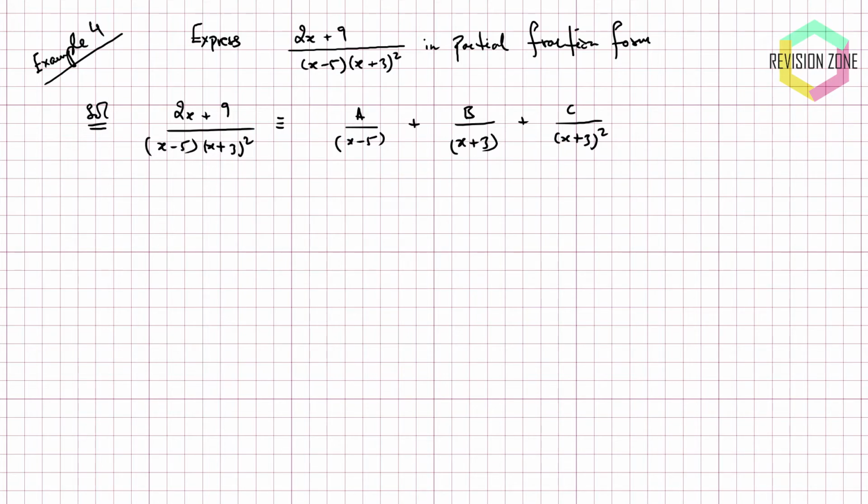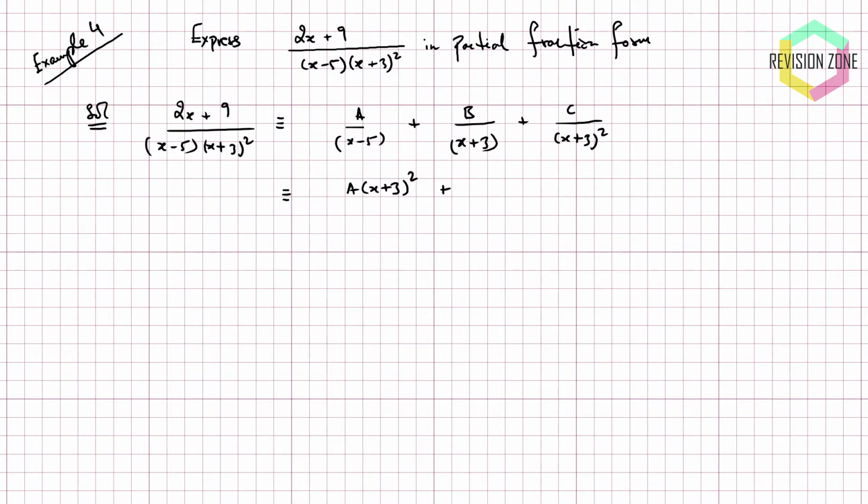So as always, we combine all the denominators, and in this case, I've got an x minus 5 here, so I've got to multiply top and bottom by... I don't have to do that and that because there's a common factor here. So I can just multiply the top and bottom of this by x plus 3 squared. So I'll just do a times x plus 3 all squared.